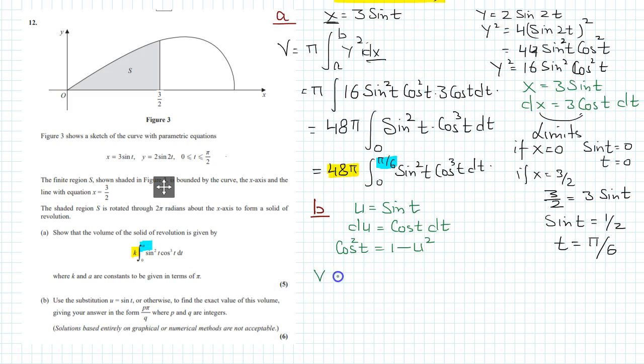So the volume will be the integral of sine square t, which is u square, and cos cube can be written as cos square and cos t dt. Cos square t is 1 minus u square, and cos t dt is du.